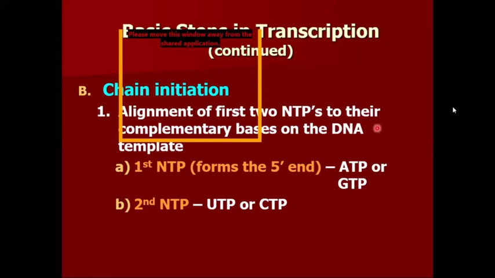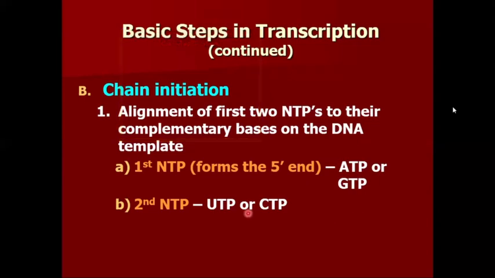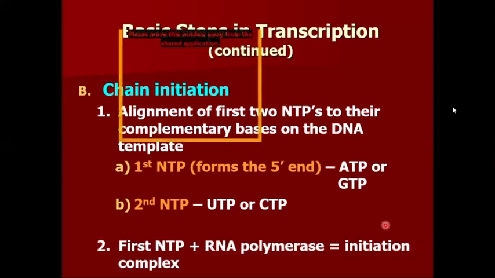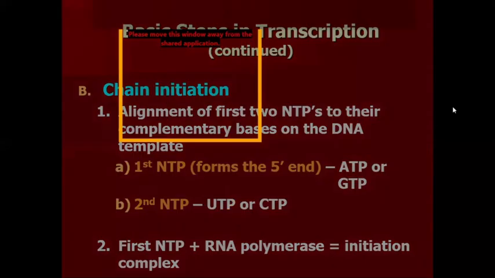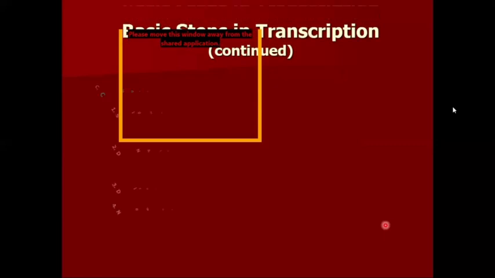What will you insert? What will you attach? I mean, you will attach uridine monophosphate following the base pairing rule in RNA. Okay? So the first NTP plus RNA polymerase forms the initiation complex.